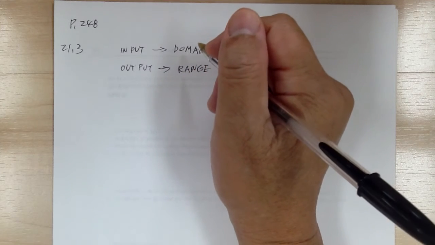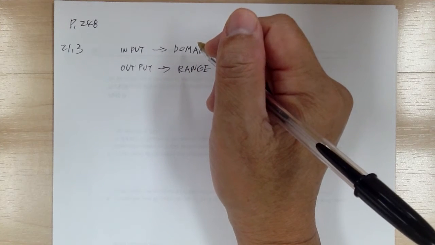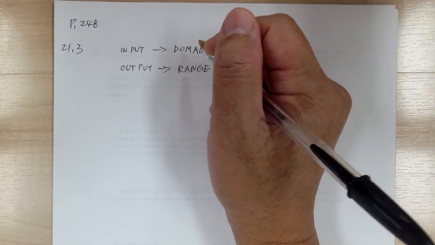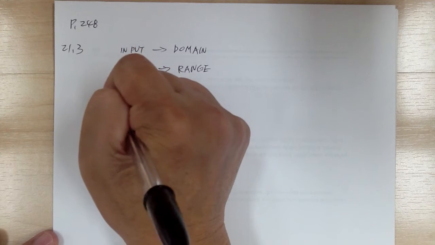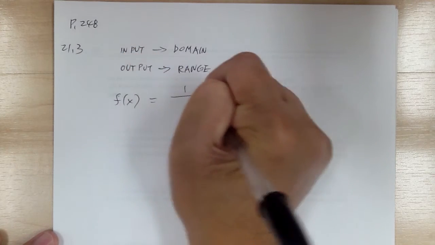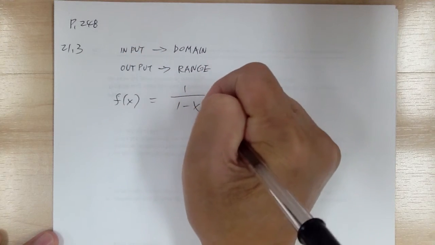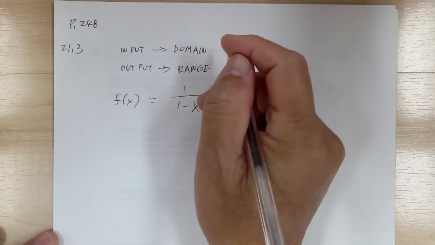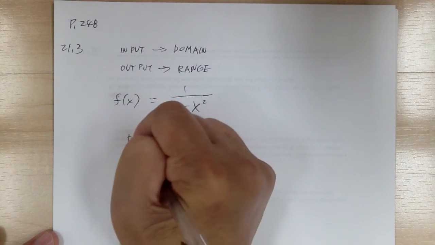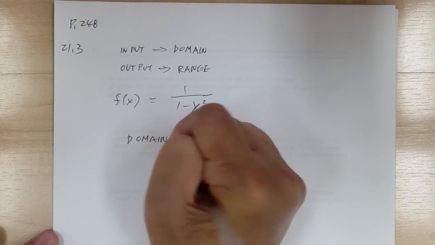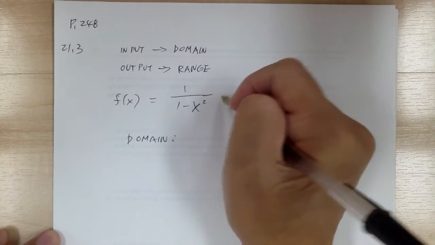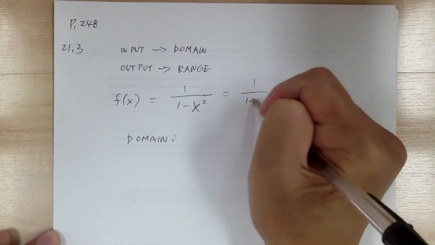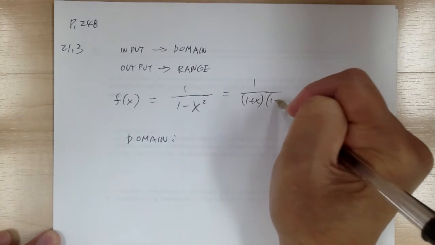And sometimes the domain has a restriction, that would be not allowed. For example, if you have f of x equal to 1 over 1 minus x squared, in this case you can factor, so you got 1 plus x, 1 minus x.